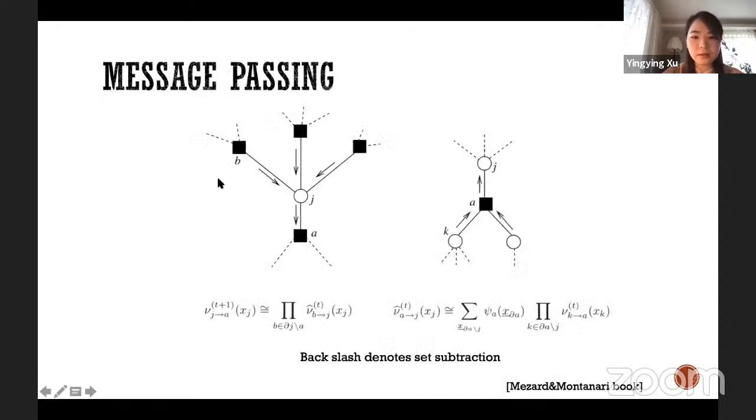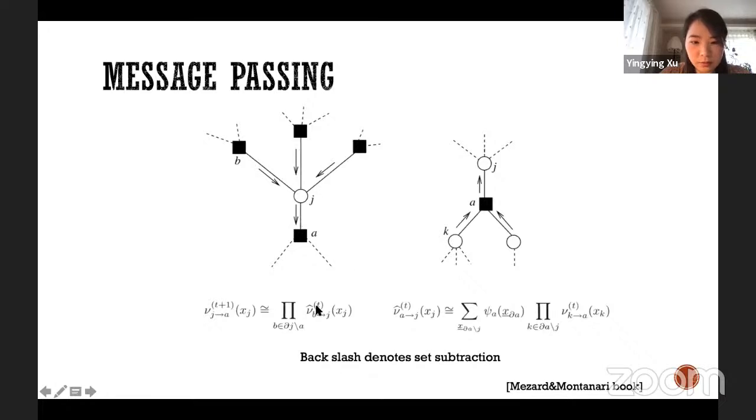So the message passing on the factor graph: we have 2 kinds of messages, from variable nodes to function nodes, and from function nodes to variable nodes. For example, the updating rule from the previous step to the next step: the message from J to A is a product of all the messages coming to J, excluding this edge.